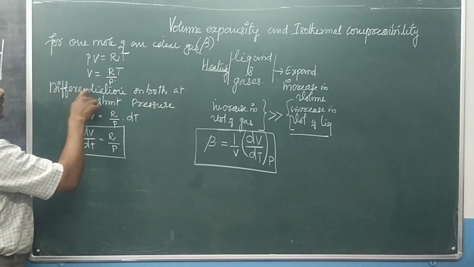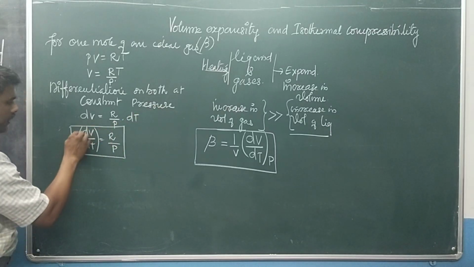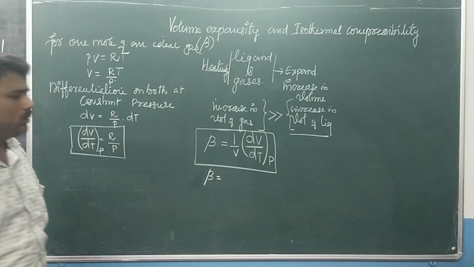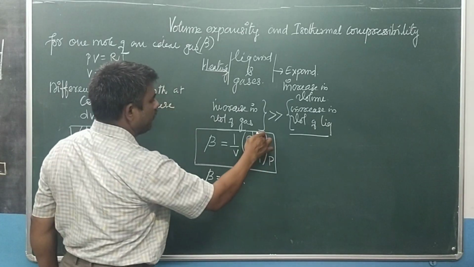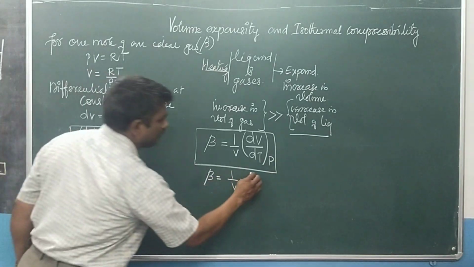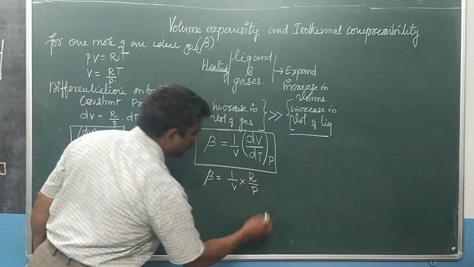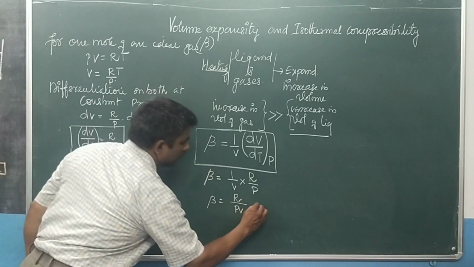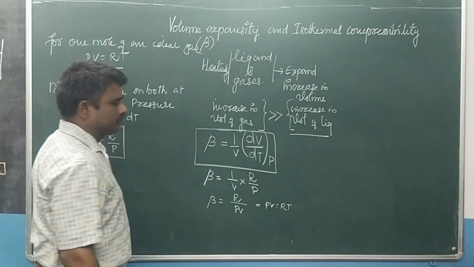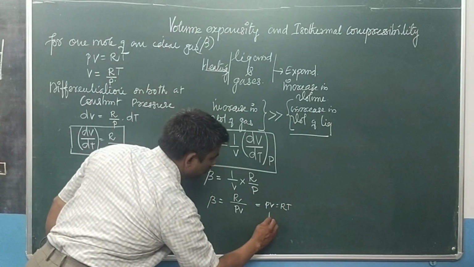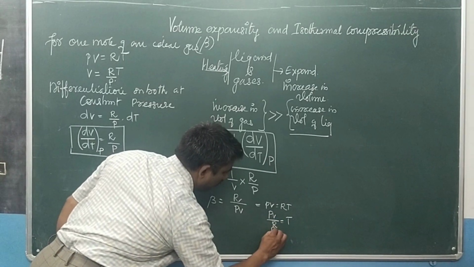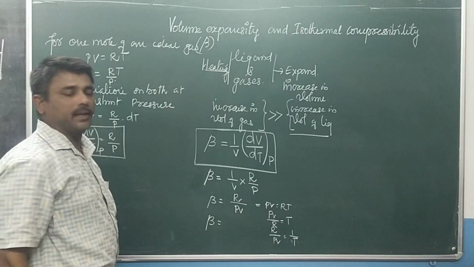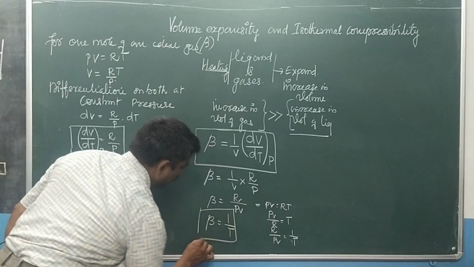Volume expansivity beta is equal to 1 by V into dV by dT at constant pressure, which is R by P. Finally, beta is equal to R divided by PV. Since PV is equal to RT, PV by R is equal to T, so R divided by PV is equal to 1 by T. Hence, beta volume expansivity is the inverse of temperature for an ideal gas.